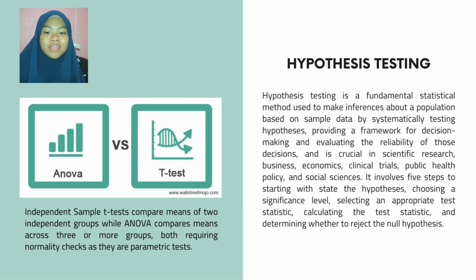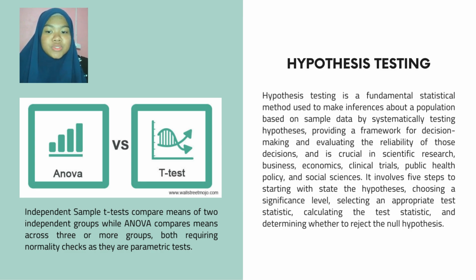There are 5 steps to do a hypothesis testing. Start with stating the hypothesis, which is to formulate the null hypothesis and the alternative hypothesis, H1. Next, choose the significance level, commonly set at 0.05 or 5%.